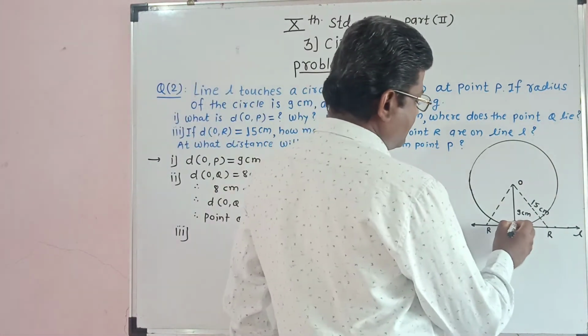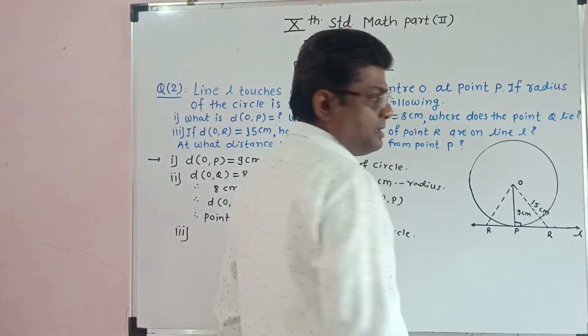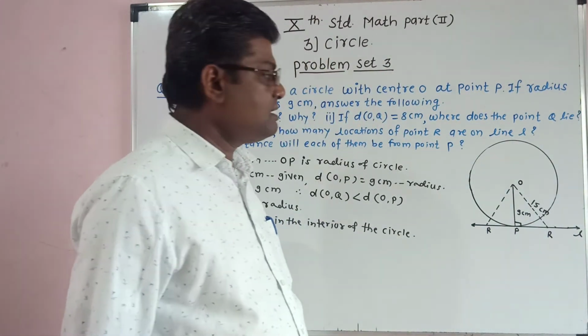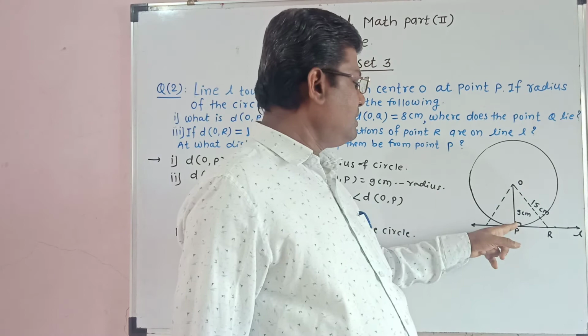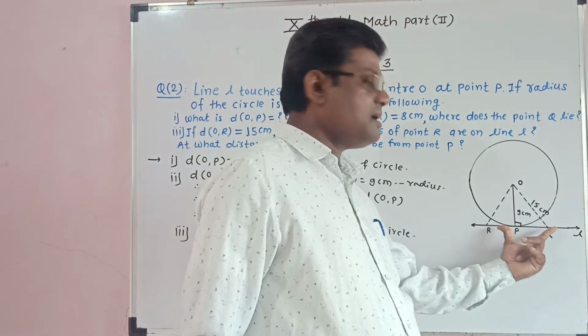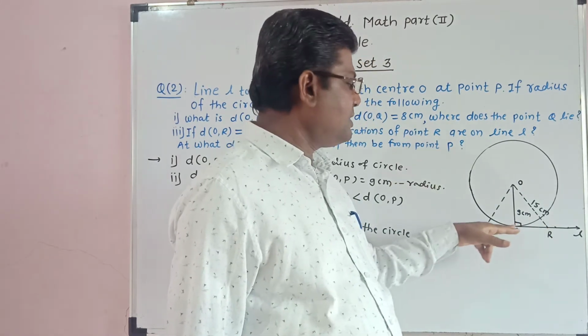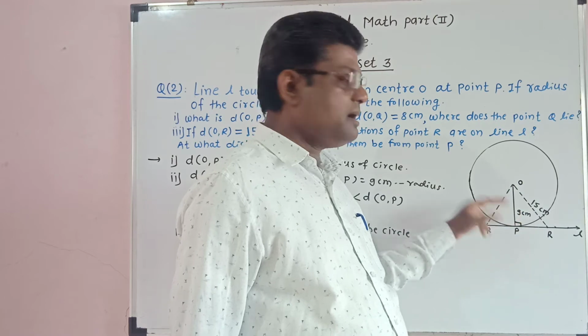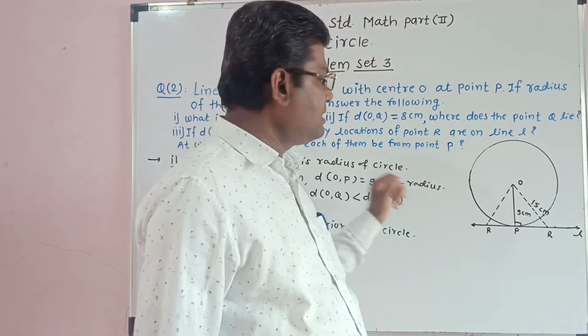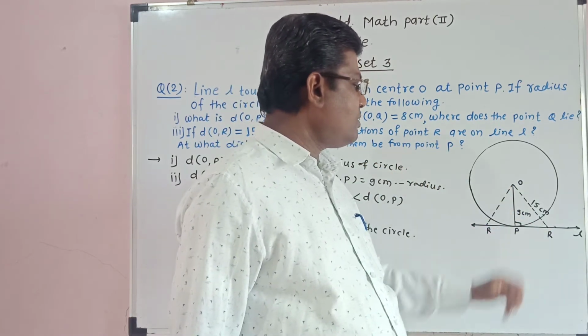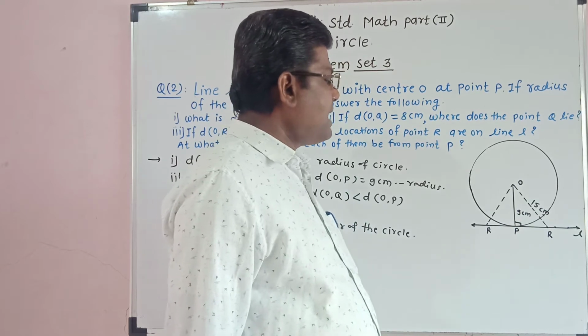This angle is 90 degree. This is due to the tangent theorem. OP is a radius and line L is a tangent. So angle between the radius and tangent is always 90 degree. Therefore this angle OPR is 90 degree.